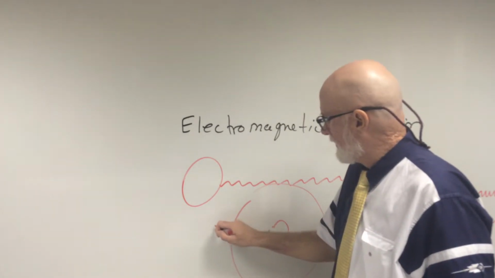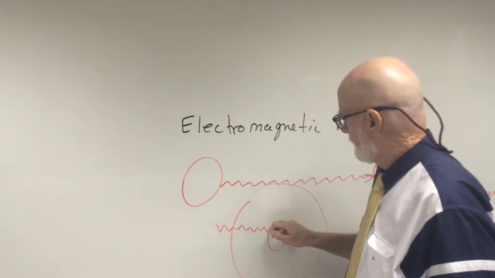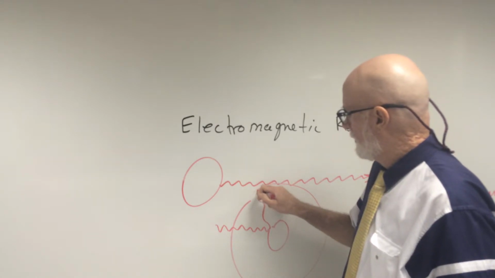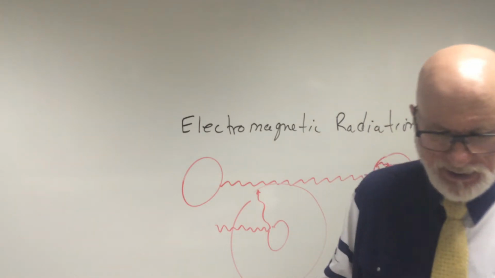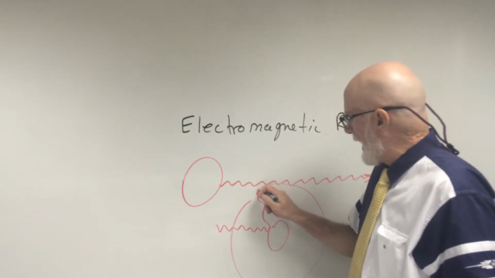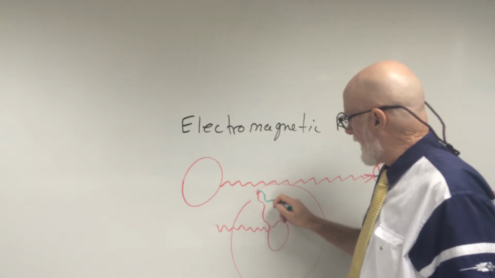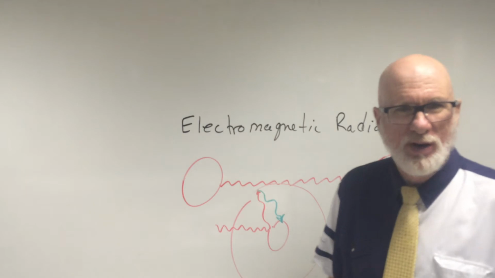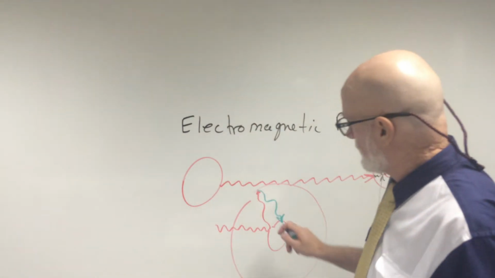This short wavelength comes in. It creates this longer wavelength. The longer wavelength bounces back. It can't get out. Help me! I can't get out! I'm stuck!